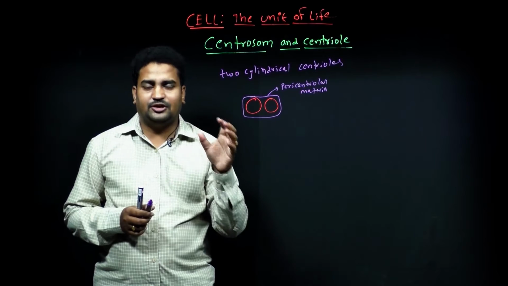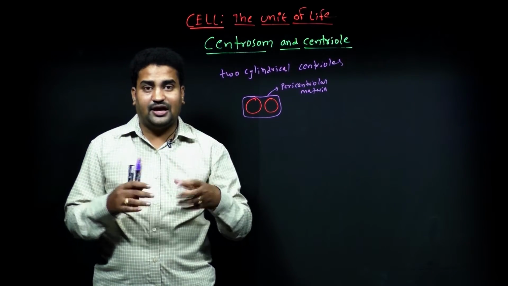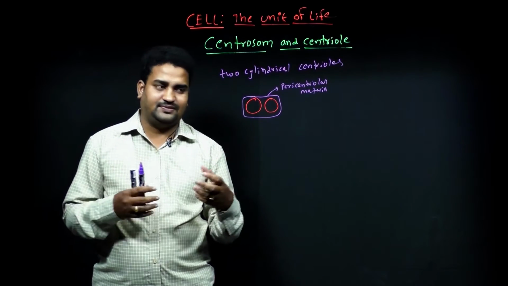So within the centrosome, the centrioles are arranged perpendicular to each other and each one has a cartwheel-like structure.